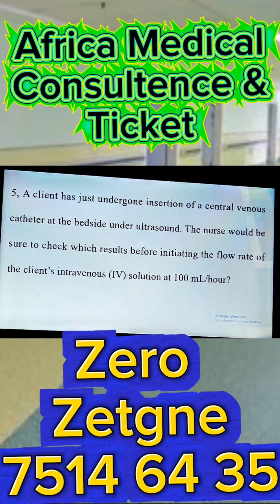Question number 5. A client has just undergone insertion of a central venous catheter at the bedside under ultrasound. The nurse would be sure to check which result before initiating the flow rate of the client's intravenous solution at 100 ml per hour.